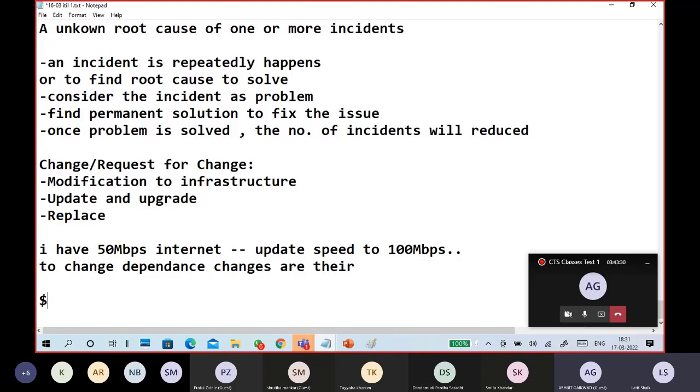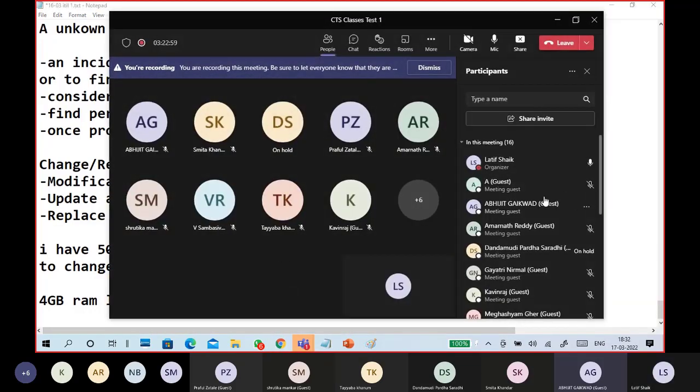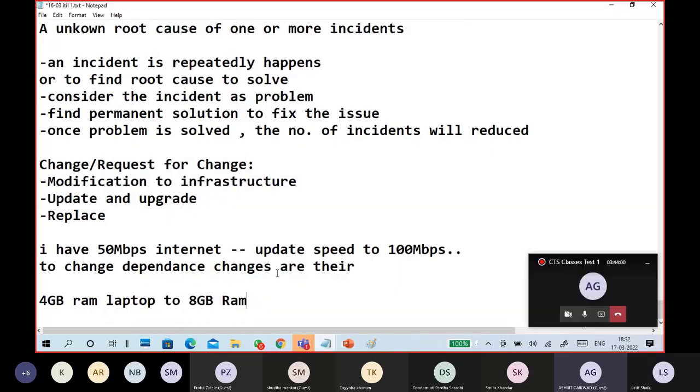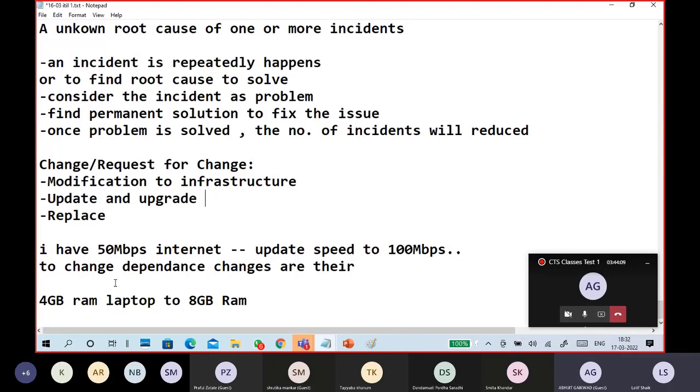So a 4 GB RAM laptop, upgrade to 8 GB RAM.